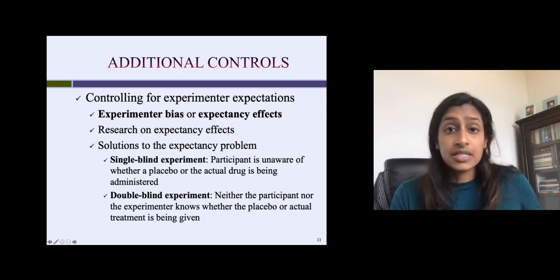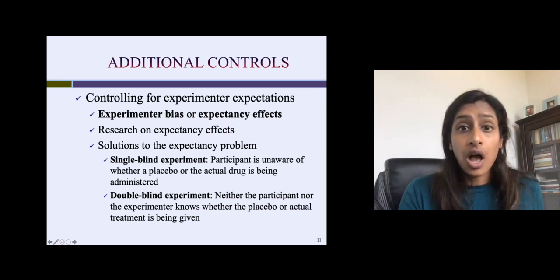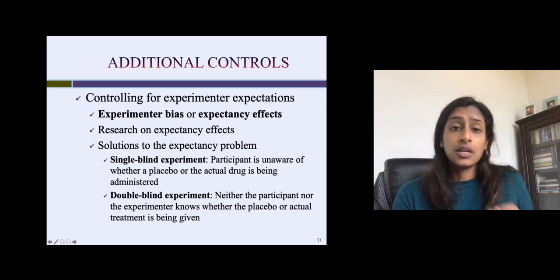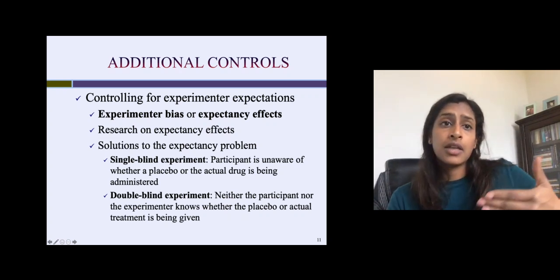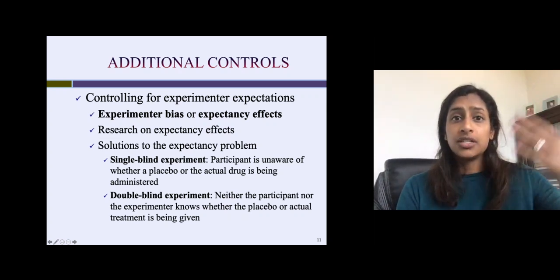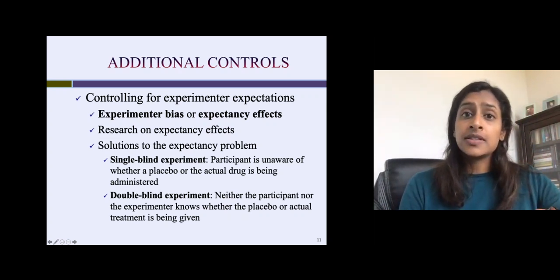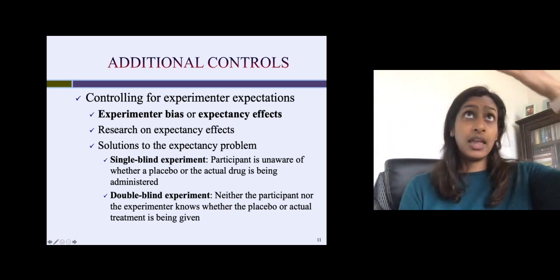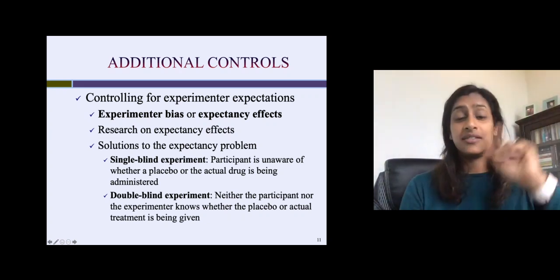So at my husband's job, they test out drugs for Alzheimer's, and they actually have a partitioned area where the pharmacist will sit, and it's a black screen, so you can't even see each other.